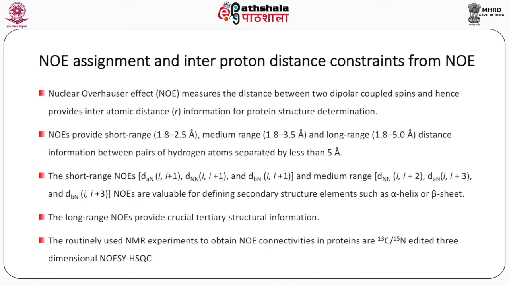The short range NOEs, d alpha N(i,i+1), d NN(i,i+1) and d beta N(i,i+1), and medium range d NN(i,i+2), d alpha N(i,i+3) and d beta N(i,i+3) NOEs are valuable for defining secondary structure elements such as alpha helix or beta sheet.